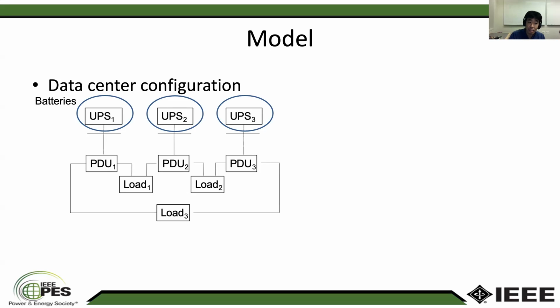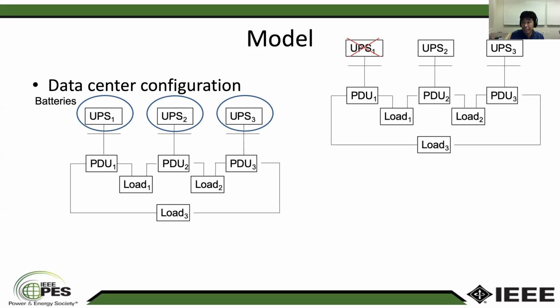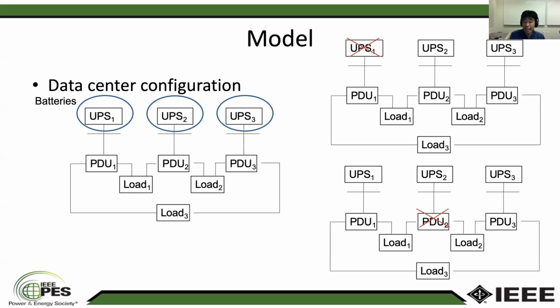For example, the first UPS may fail, and there should still be enough capacity in batteries 2 and 3 to serve all the loads, which are the servers, the computing loads. Or a distribution unit may fail, but you should still have enough power in the leftover batteries to serve all the loads. So it's really the same as the N-1 contingency constraint.